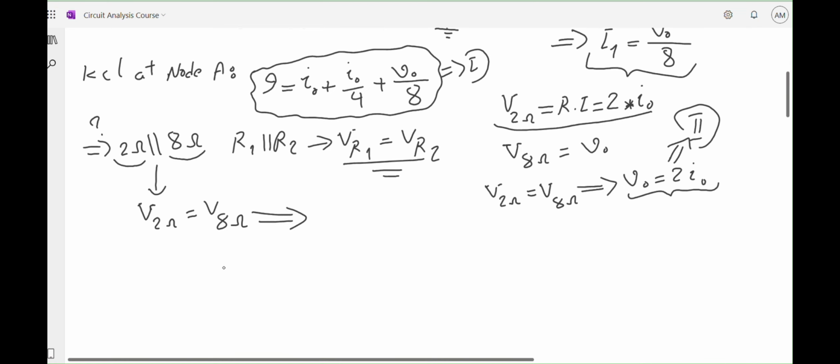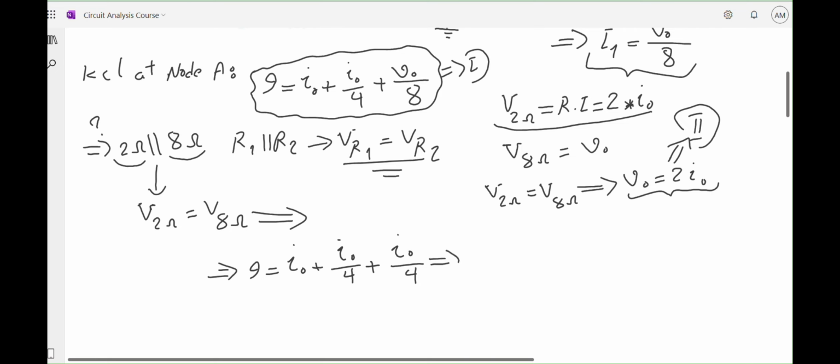So I have 9 amp equals IO plus IO over 4 plus, instead of VO, I want to substitute 2 times IO. So that would be 2 times IO over 8 or IO over 4. I have IO over 4 plus IO over 4.